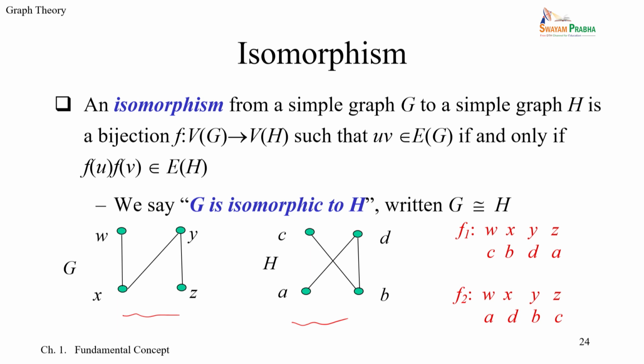Bijective means one-to-one correspondence, vertex to vertex, edge to edge. So, V of G to V of H, and the connection of UV to the edge.